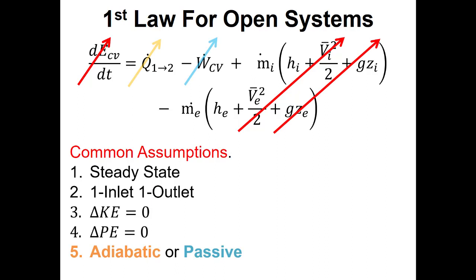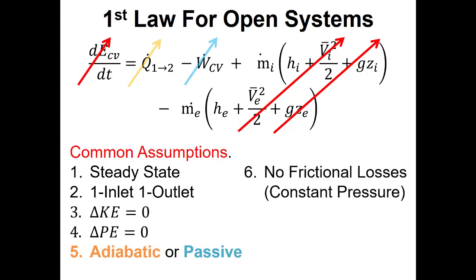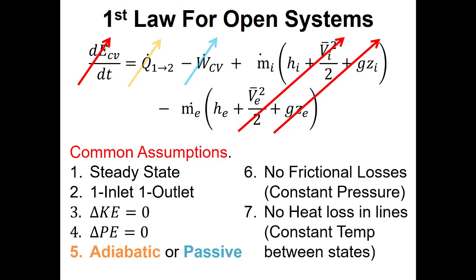My systems here, the compressor, the combustor, and the turbine, are either going to be adiabatic, that's the compressor and the turbine, or passive, that's the combustor. I'll also neglect any kind of friction or heat losses in between all my components inside my Brayton cycle.